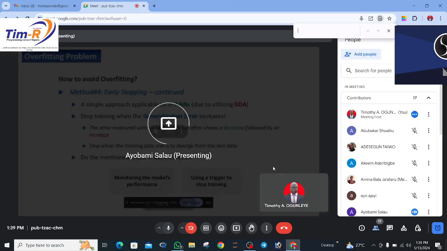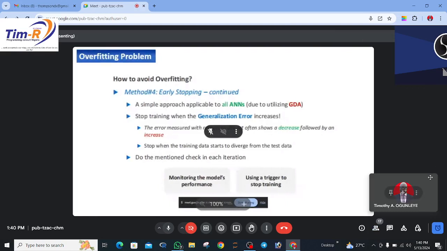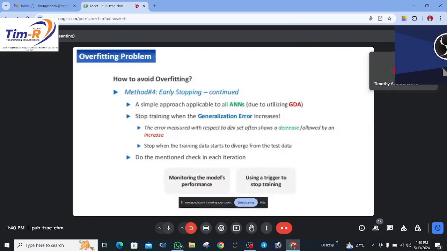Avoiding overfitting, we said early stopping. We said that we will have to stop the training when the generalization error tends to be increasing. The error measured with respect to the development set often shows a decrease followed by an increase.